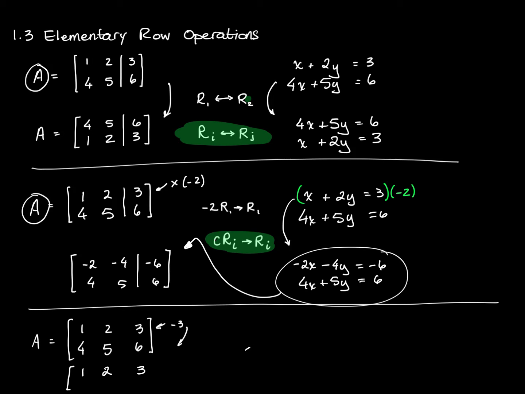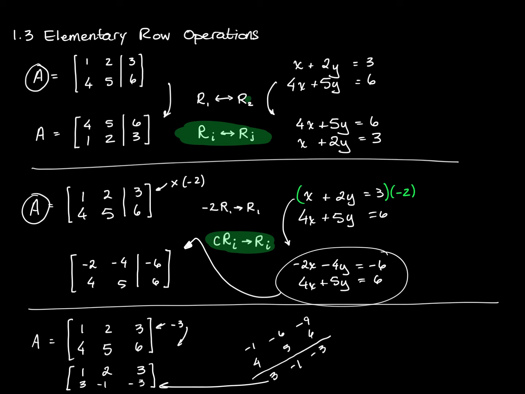That's -3, -6, -9. And then I'm going to add that to row 2, which is 4, 5, 6, which gives me 1, -1, -3. And that's what's going to go in row 2. So that's my example for this one.